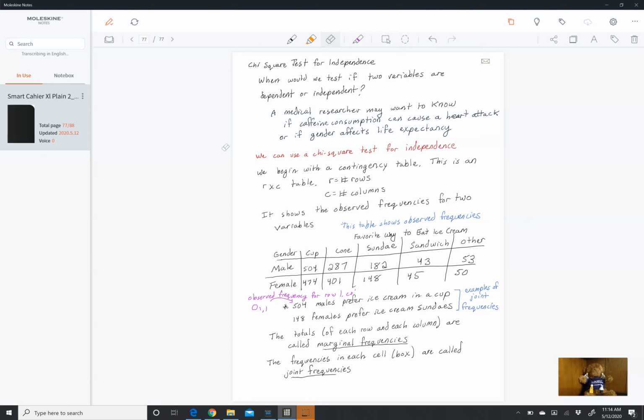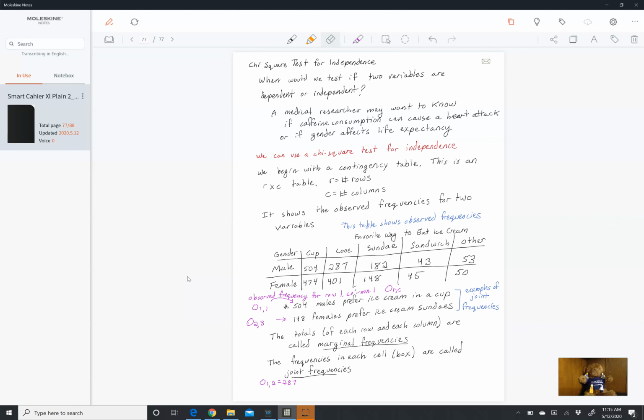This is like O, R, comma, C. So this one would be the observed frequency for row 2, column 3. Observed frequency for row 1, column 2 is 287.